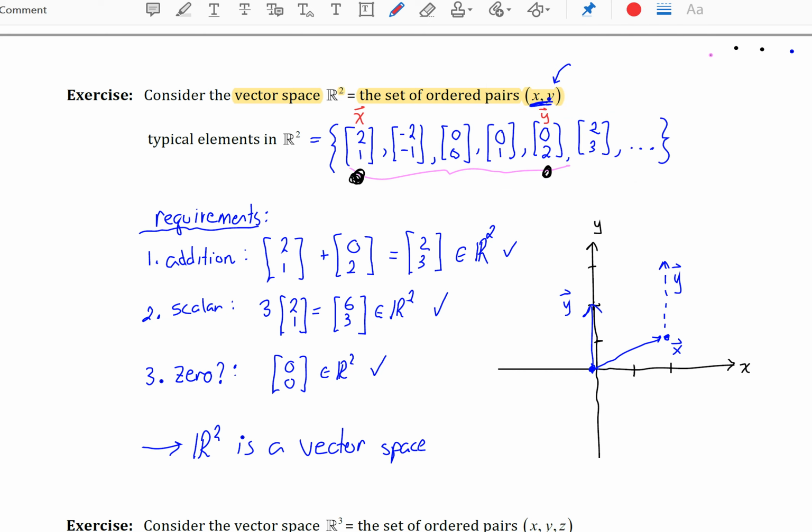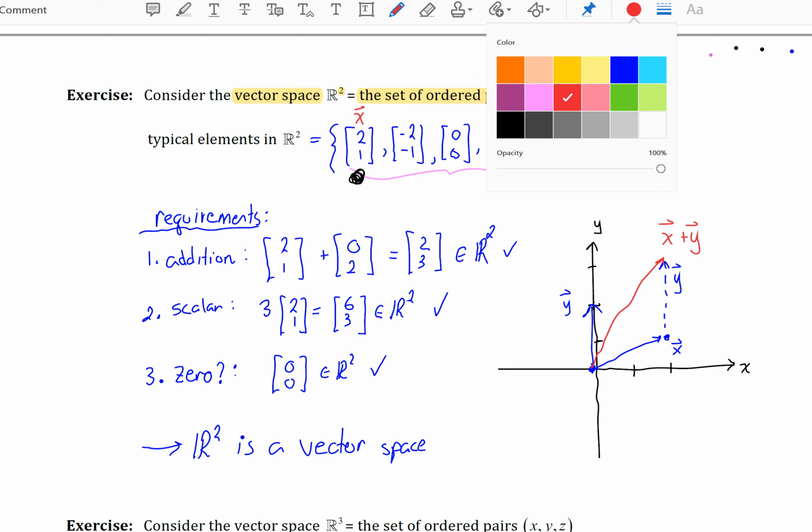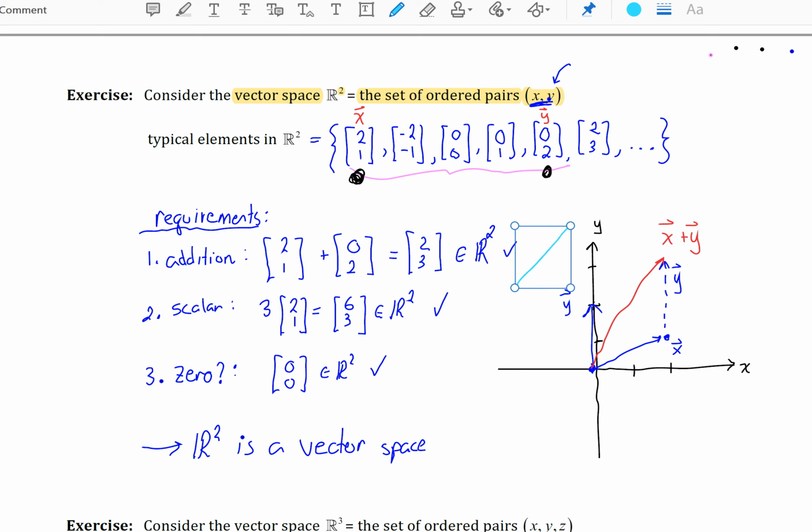Then we could say that the vector sum is going to be the vector that starts at the origin and moves to the end here. This is the vector x plus y. Notice that the vector sum x plus y will always still stay inside R2, which is this entire space. You add 2 vectors in R2, they will stay in R2.